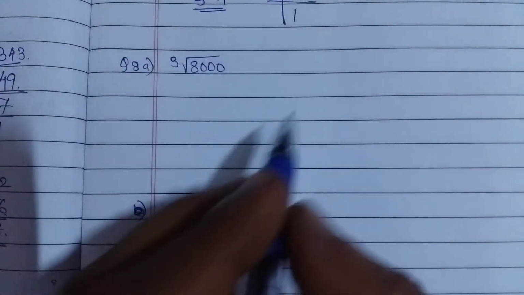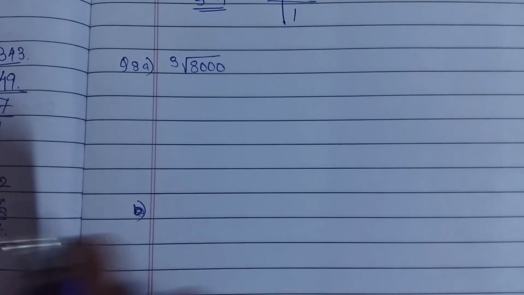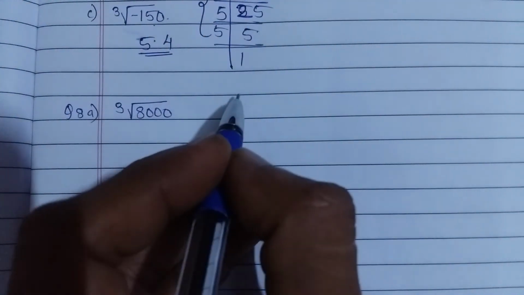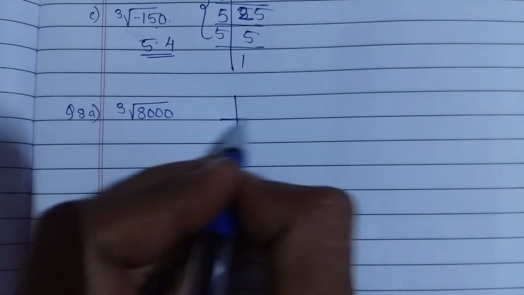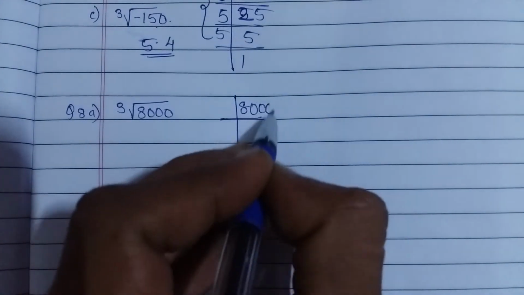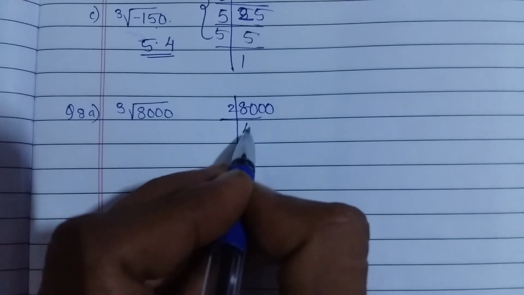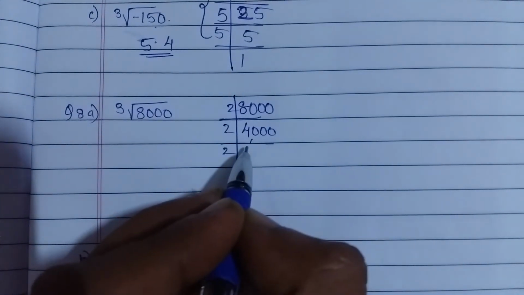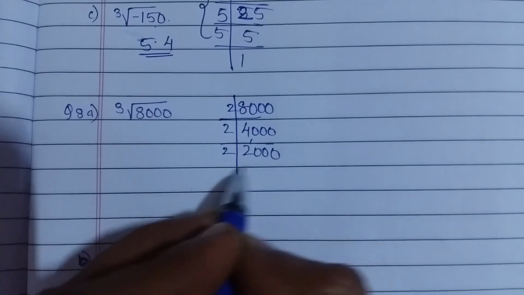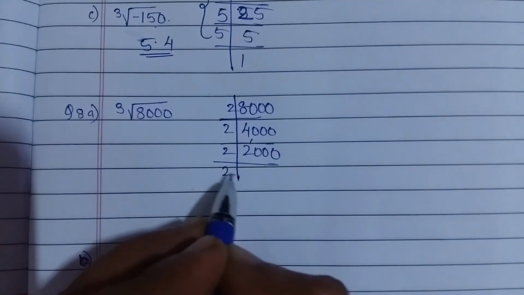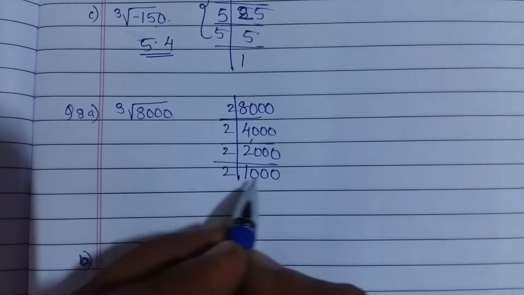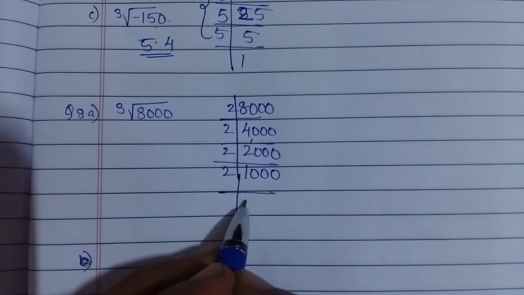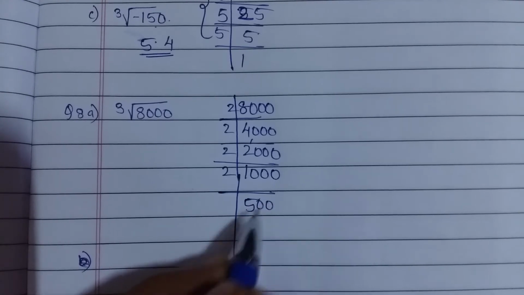Okay, next one, cube root of 8000. Now see, this is a very large number, but still we have to factorize it to find the cube root. 8000 divided by 2 will be 4000, divided by 2 will be 2000, again divide by 2 will be 1000, divide by 2 will be 500.